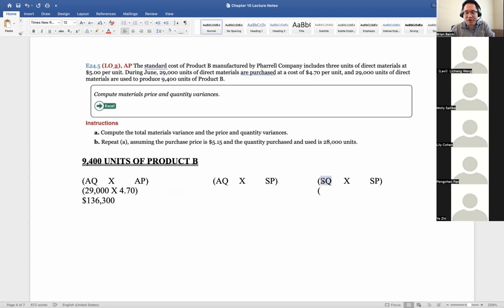This part is usually the hardest part. Okay. How much material are you supposed to use if you're trying to make 9,400 units of product B? It says you're supposed to use 3 units of material. And if I make 9,400 units, then that's 3 times 9,400 times, what's the standard price?